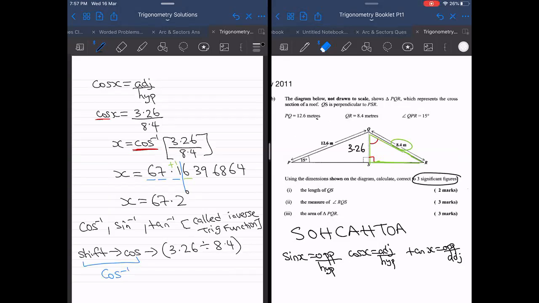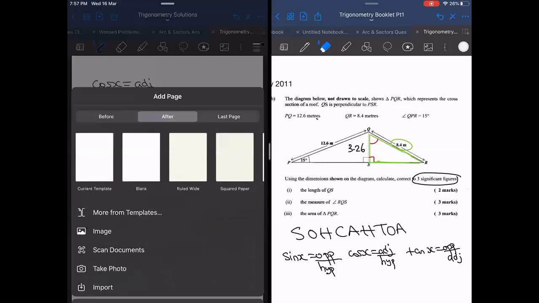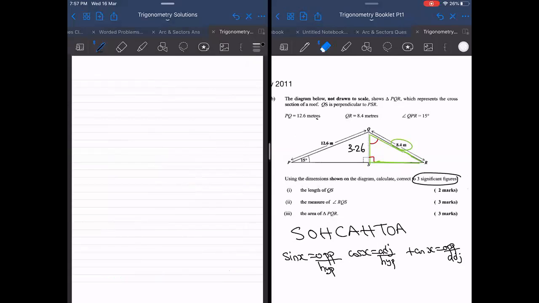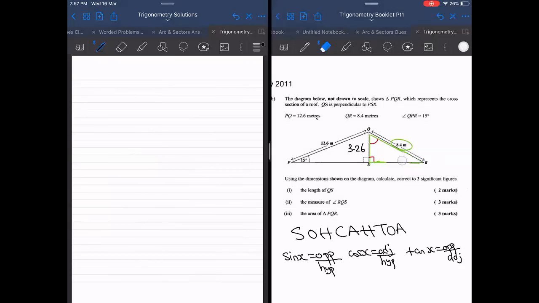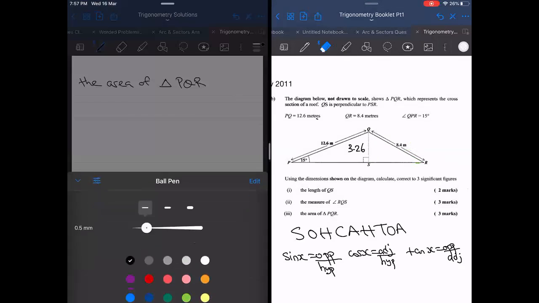Okay, we're going to do the last part. This is something new for everybody to know. They have asked for the area of triangle PQR, and they don't say triangle, they just put the little triangle symbol, which means the big triangle.